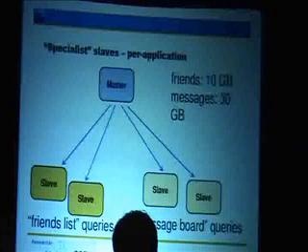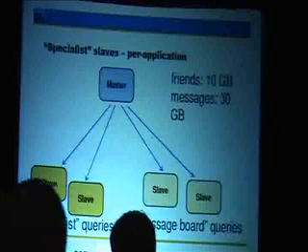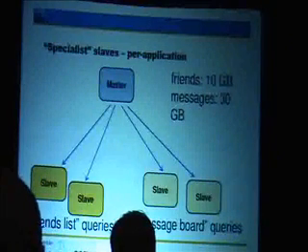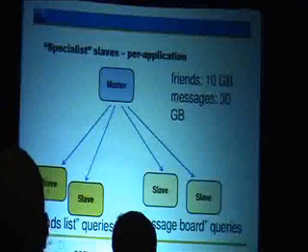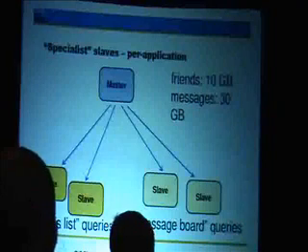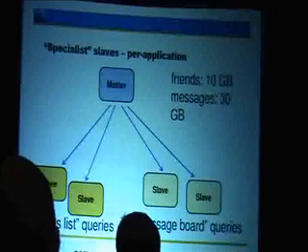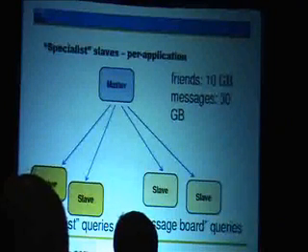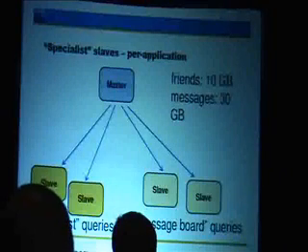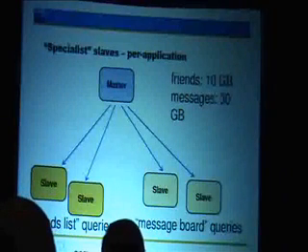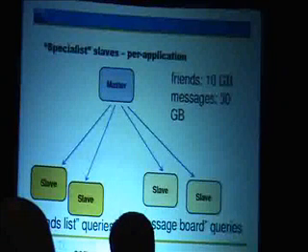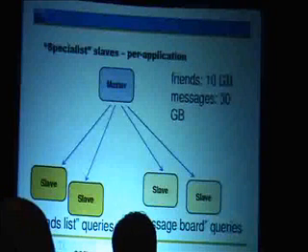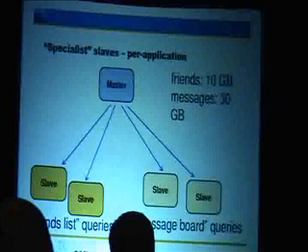So you set it so it only replicates some of the stuff to these two and only some of the stuff to the other. This can be very good, for instance, if you have a large amount of queries on the message board, you can have many slaves for that. And then you have few queries on the friends list, for instance, so you can have fewer slaves for that. So you have specialized replication, a scale-out setup, and you configure that so that you have a good response time for your environment.